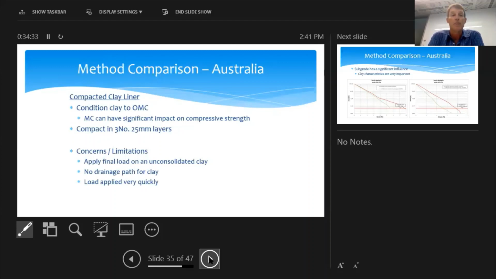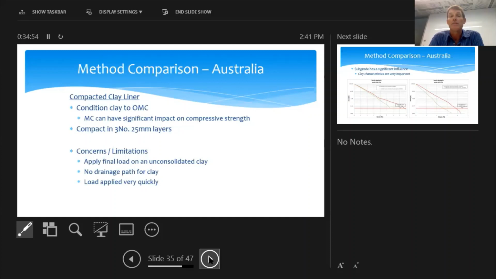So we've done a lot of testing with this and played with moisture contents. We like to compact the clays as close as possible to optimum moisture content. Otherwise, they become too soft and too pliable when testing gets carried out.